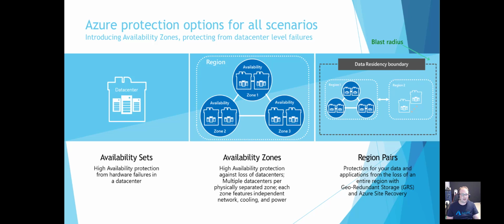The order of update domains being rebooted may not proceed sequentially during planned maintenance, but only one update domain is rebooted at a time. A rebooted update domain is given 30 minutes to recover before maintenance is initiated on a different update domain. Fault domains define the group of virtual machines that share a common power source and network switch.